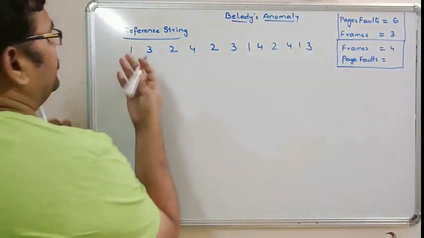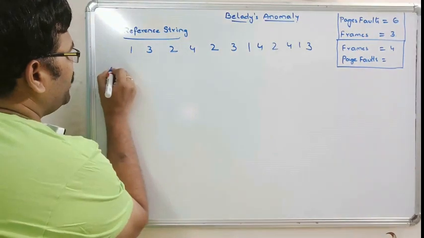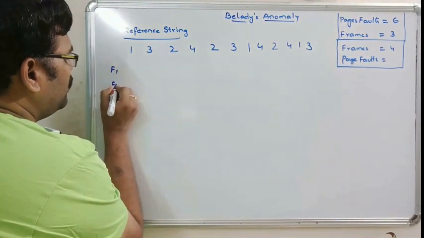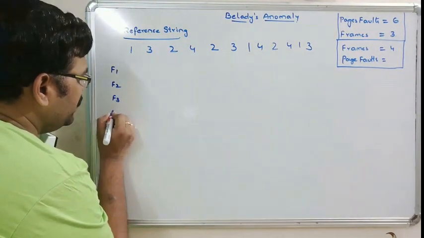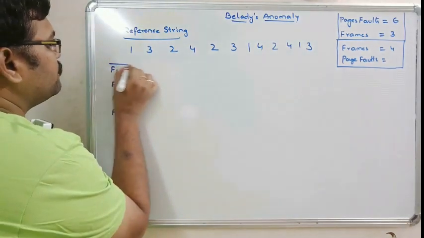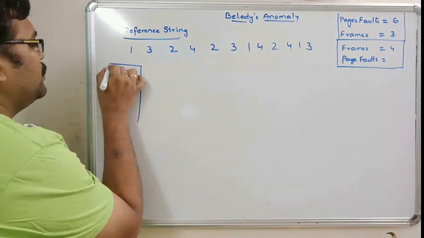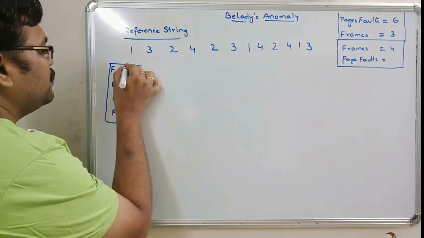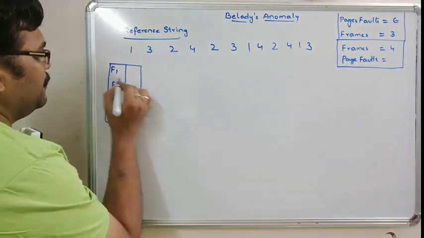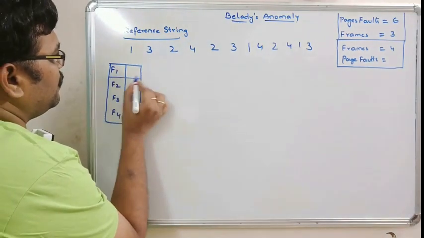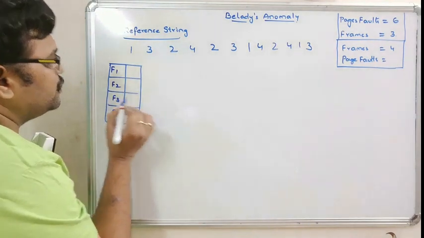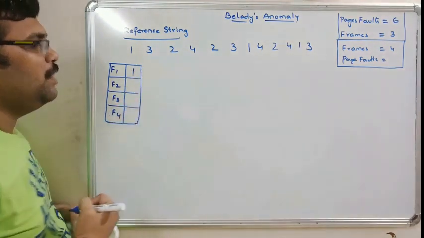So frames F1, F2, F3 and F4. You can observe the first one.